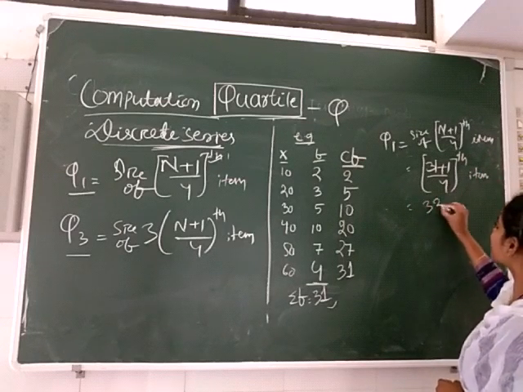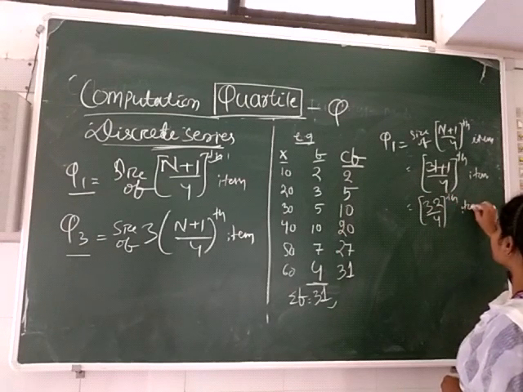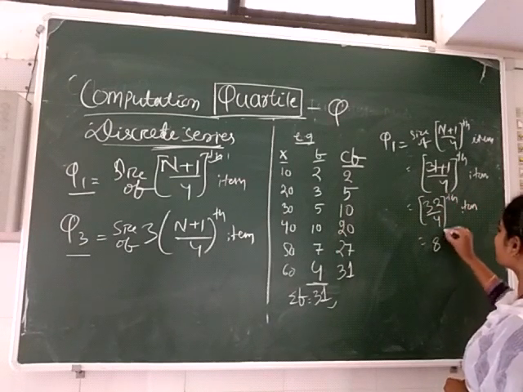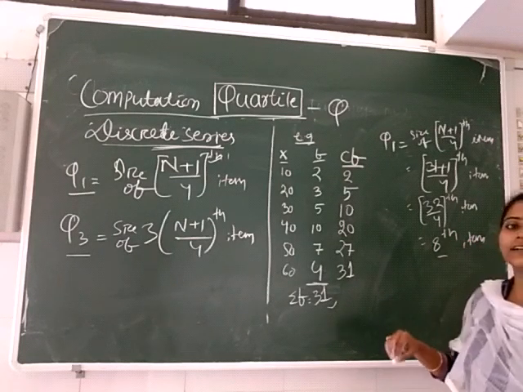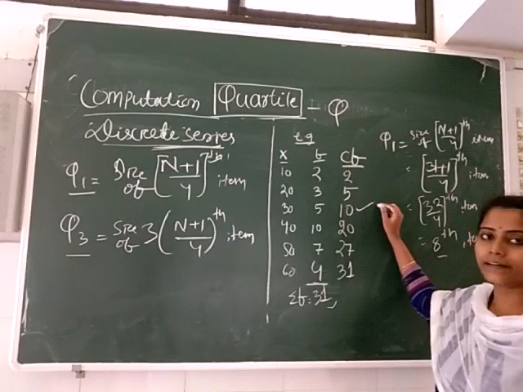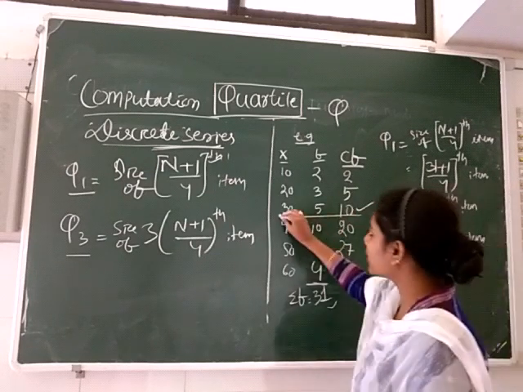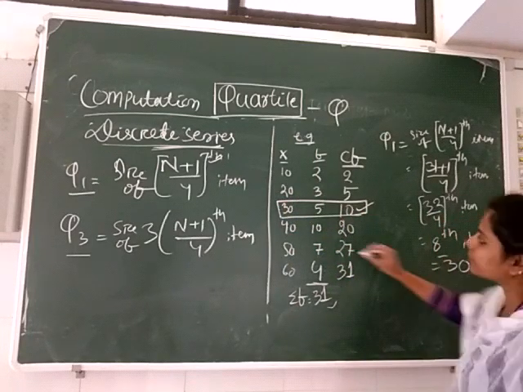That means 32 by 4th item. And this will be 8th item. So 8th item will come under the frequency of 10. So here the Q1 answer will be 30.